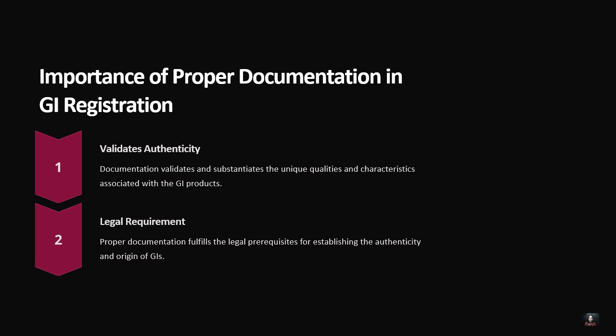Documentation validates and substantiates the unique qualities and characteristics associated with the GI products. Next is the legal requirements. Proper documentation fulfills the legal prerequisites for establishing the authenticity and origin of GIs.